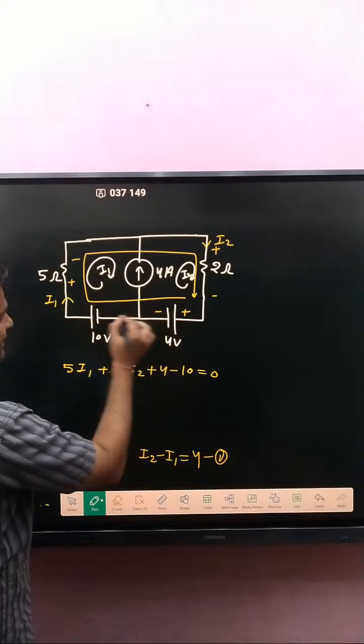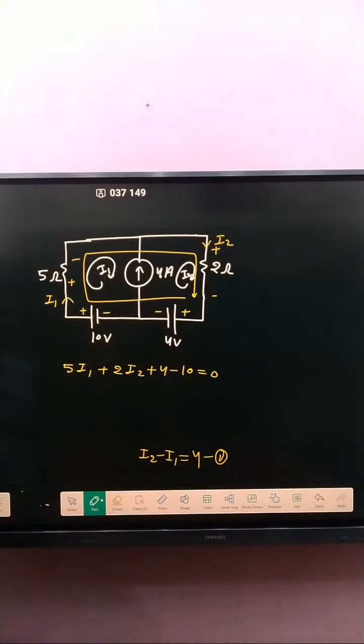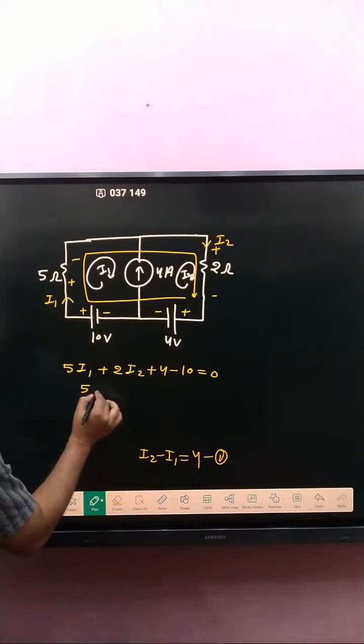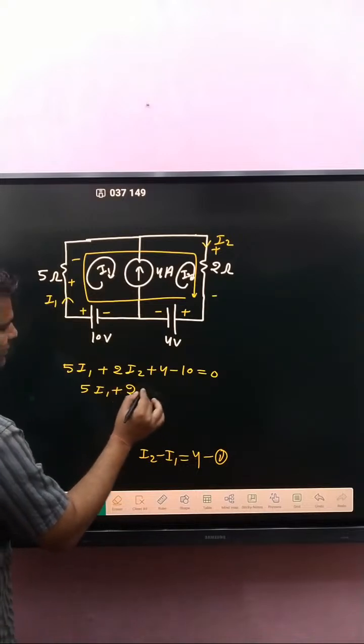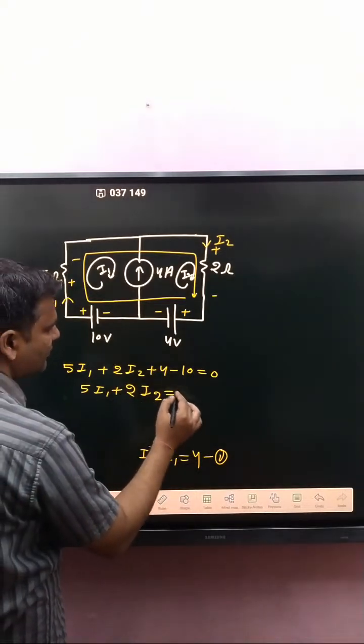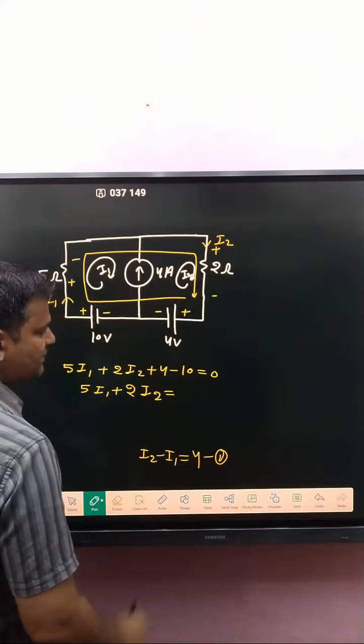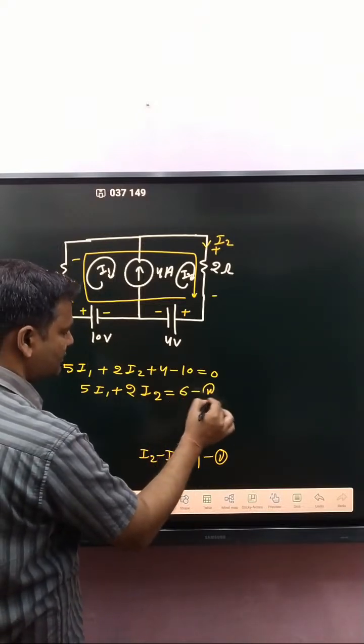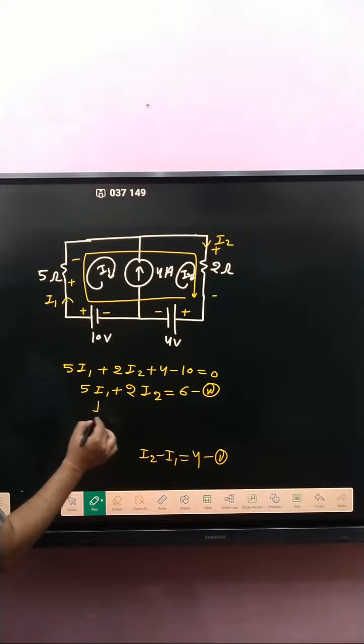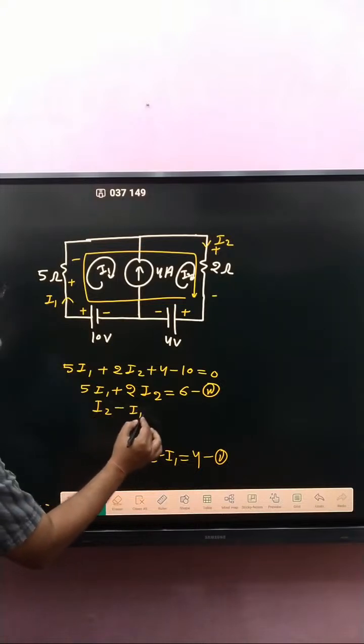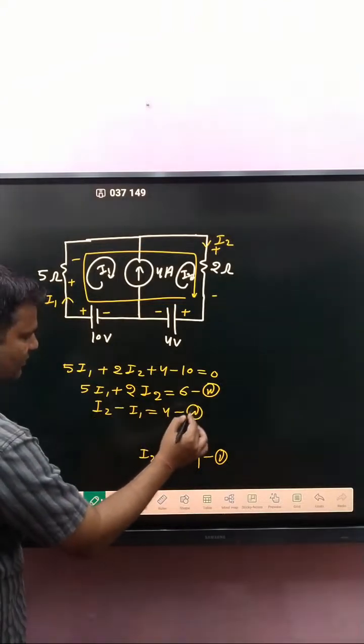Here positive, here negative, here negative, here positive terminal, that's why. So 5 I1 plus 2 I2 is equal to 6, equation number 2. And here I2 minus I1 is equal to 4, equation number 1.